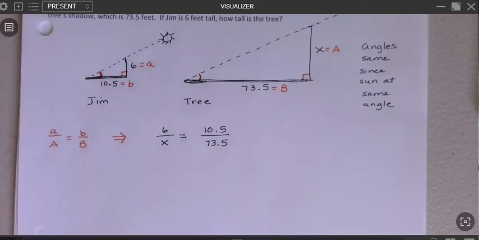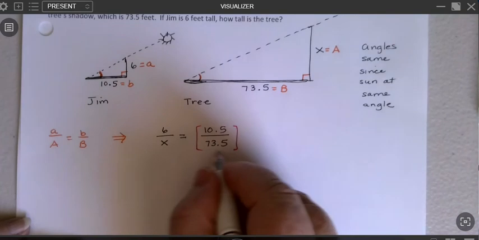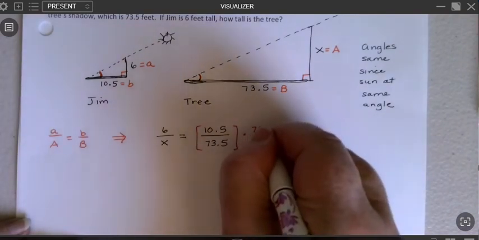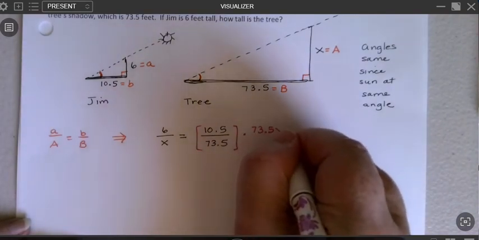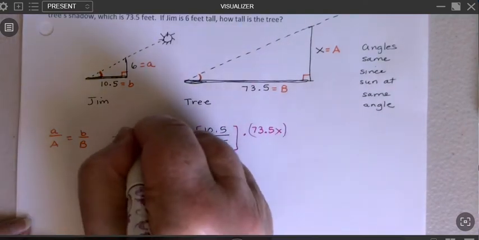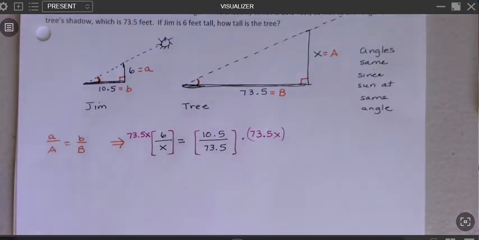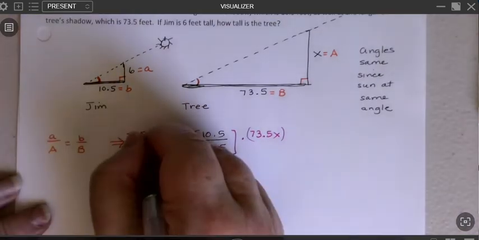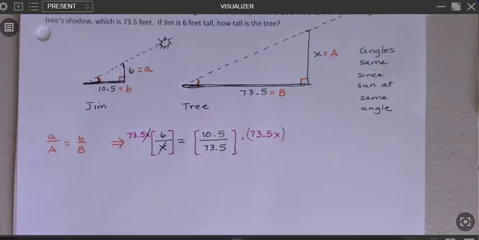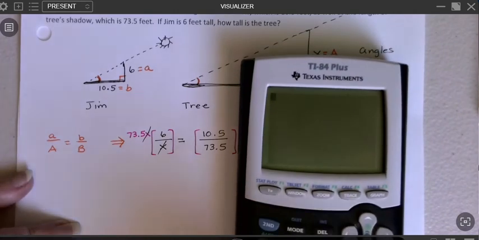All right, from there, we're going to use our usual, let's clear the fractions. I'm going to multiply both sides by the common denominator, 73.5x. And on the left here, the x's are going to cancel out. So I have 73.5 times 6.